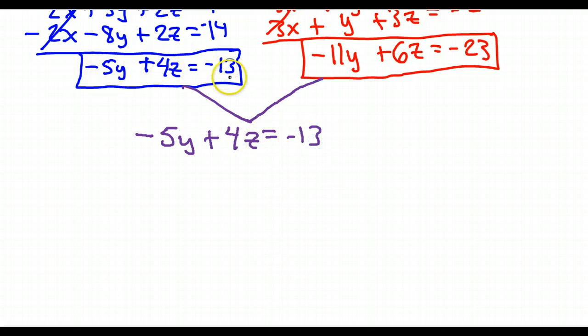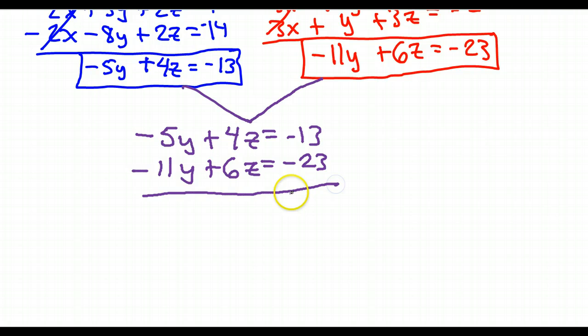I just copied the blue box, and the red box. I'm just putting them together. So we're going to solve this system like we always would. Now I'm going to try to eliminate the z's.